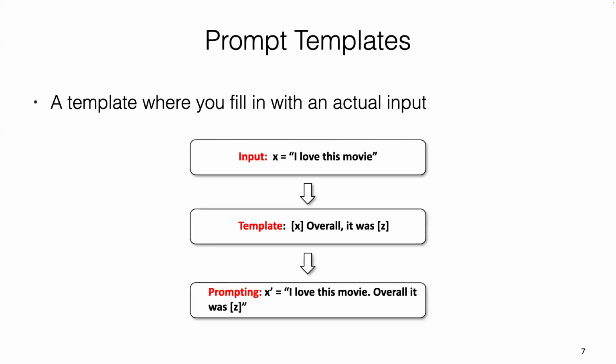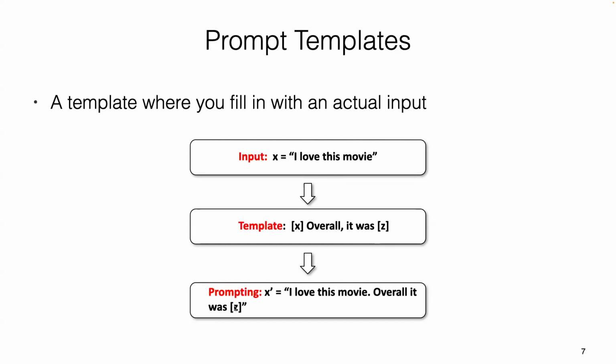So here's an example. Here we have our input x, and it's "I love this movie." Then we have this template which says "overall it was". You have this place to insert your input, and you have this place over here to get an output from the model.